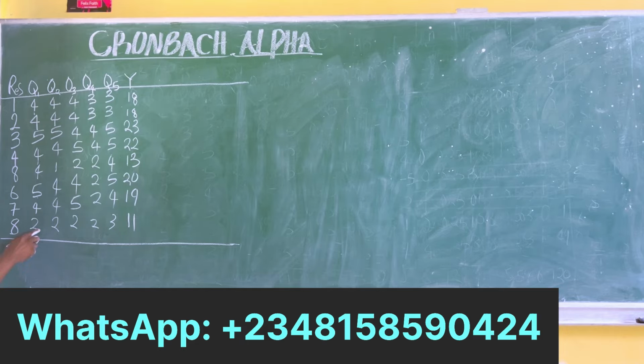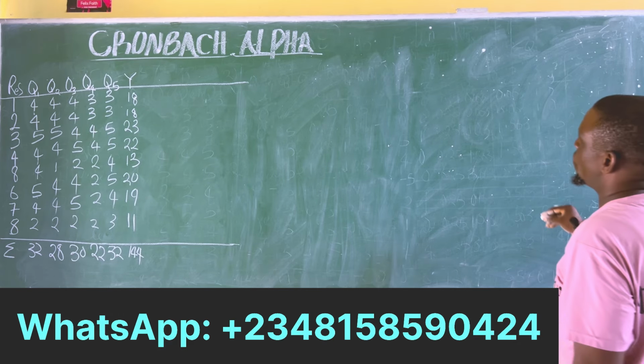That's 30, 32. The next is also 20, so this will be 26, 28. We have 28. This is 1, 2, 3, 4, that's 16, so this is 26 and 30.